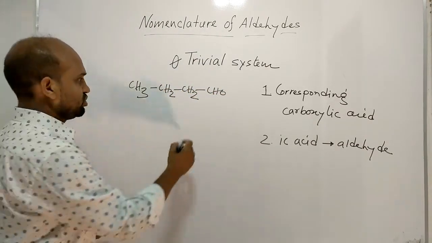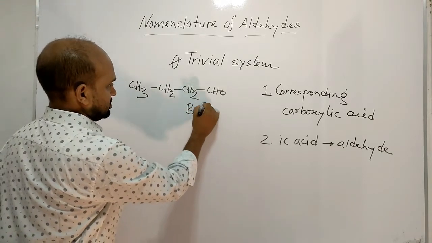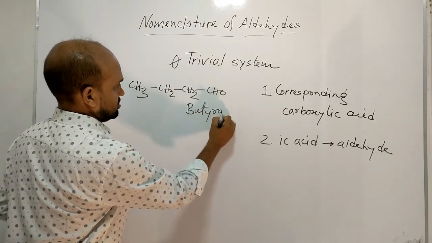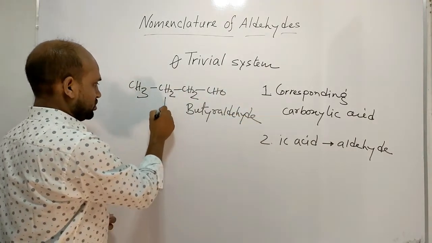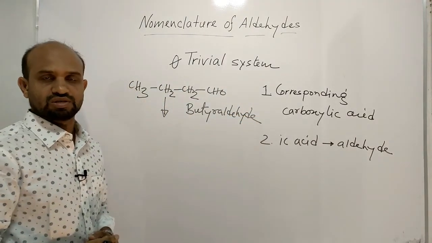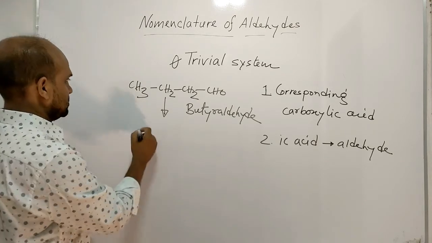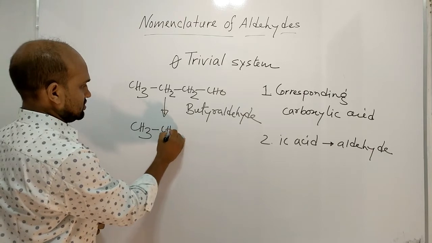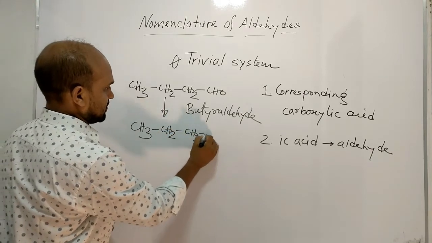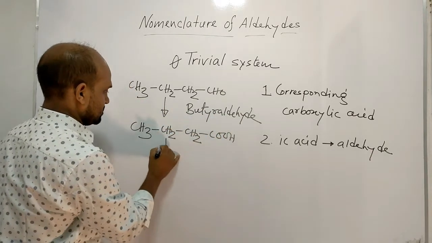Now the compound is this, butyraldehyde. Now we will see how it is butyraldehyde. Its corresponding carboxylic acid is this.